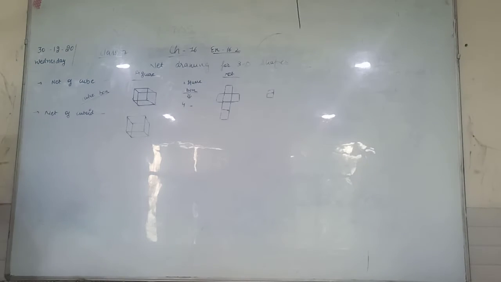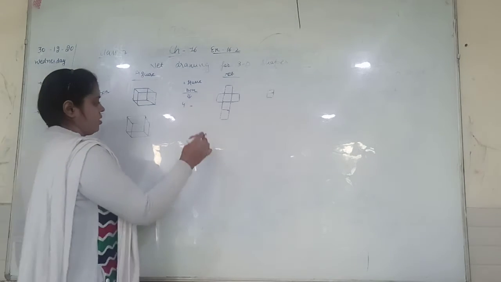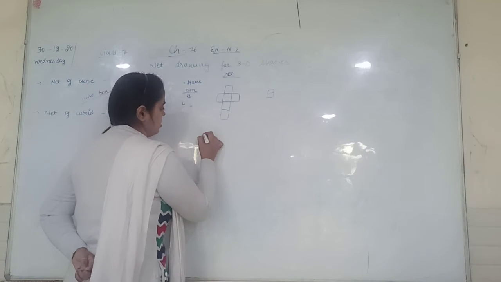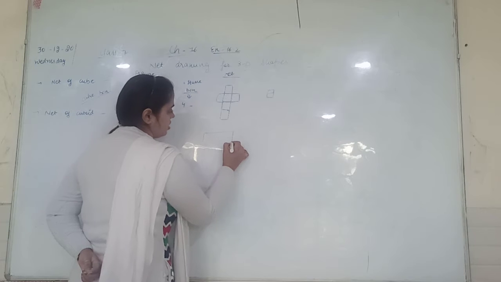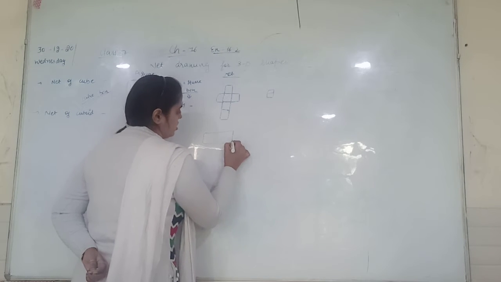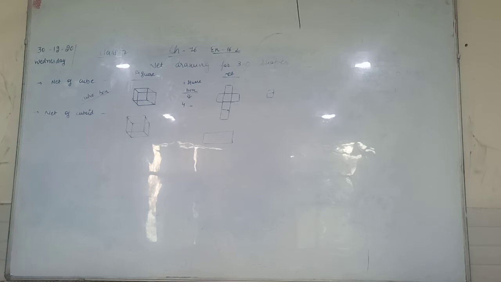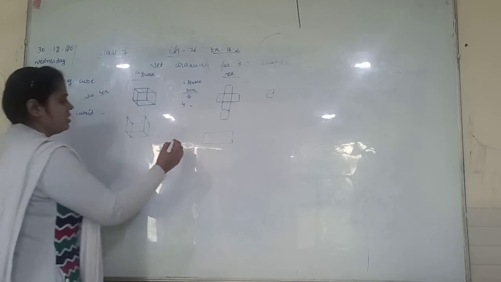Like this one. Same as I told you. How many faces in a cuboid? 6. What will be the difference in a cuboid? Just the difference of the breadth. This is of cube, cuboid will be like this. This one first, the base, right? Second one, these are the sides.